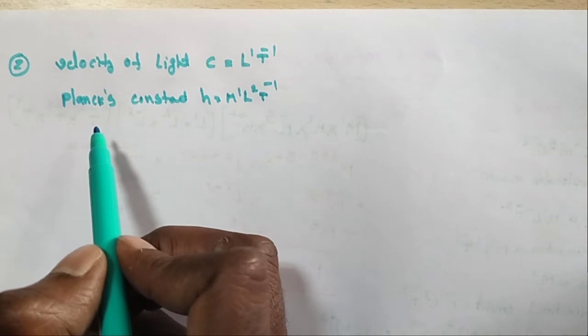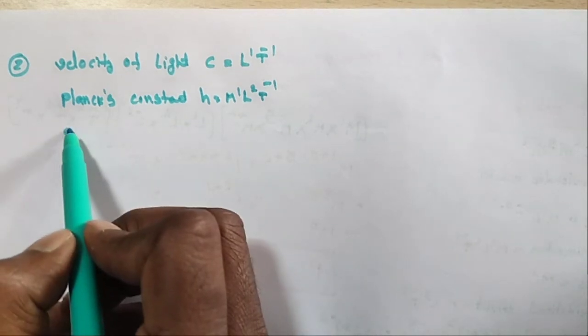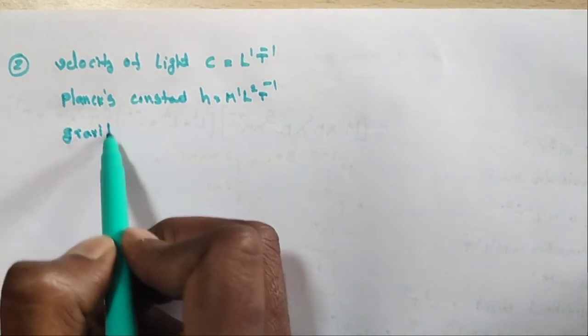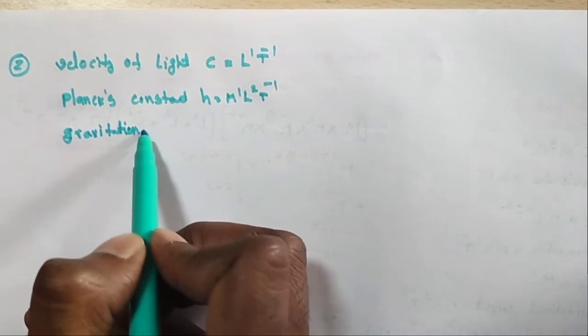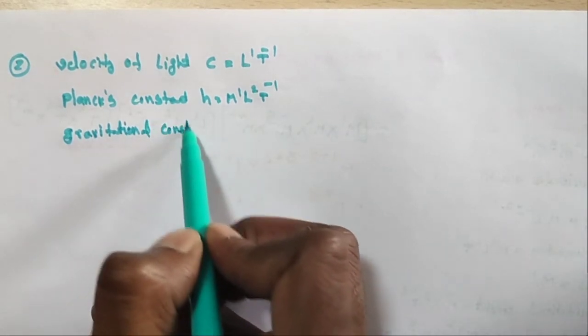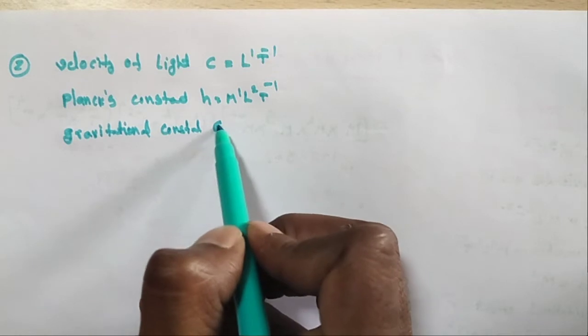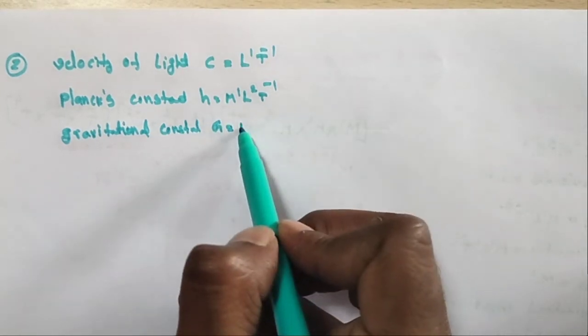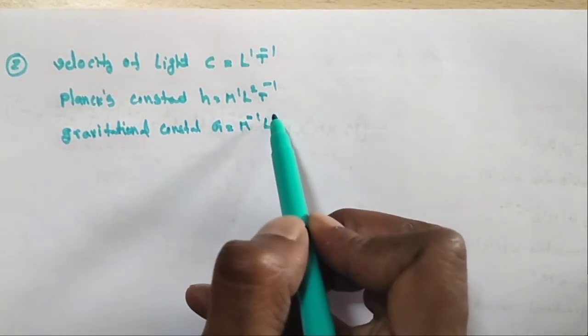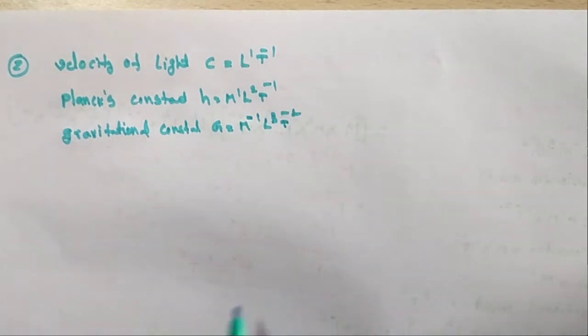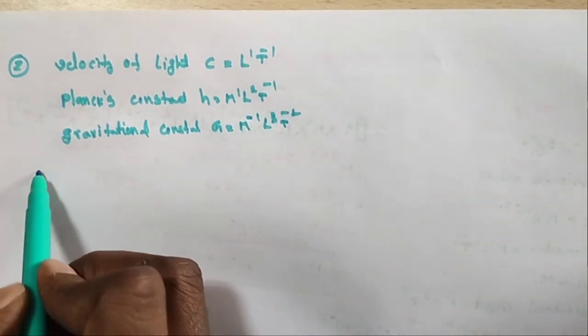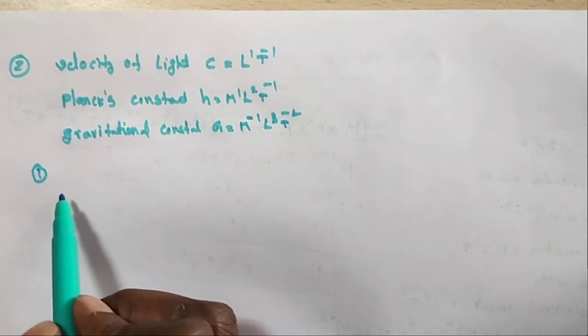And the third one, the gravitational constant is given. So the gravitational constant, that is capital G, what is the formula? M power minus 1 L cube T power minus 2. So here, what is the question? In this one, 3 questions are there.